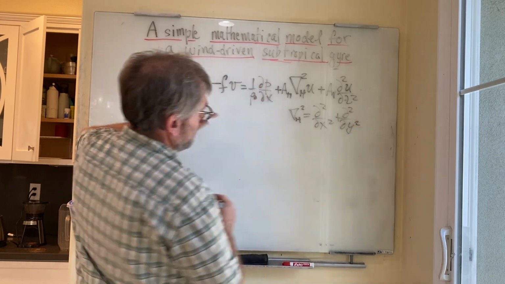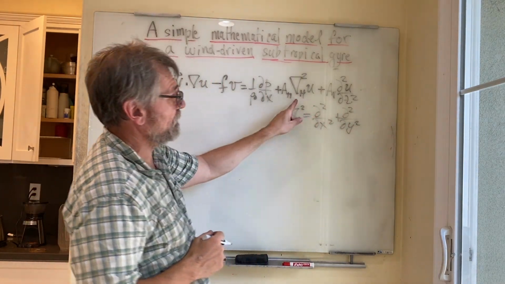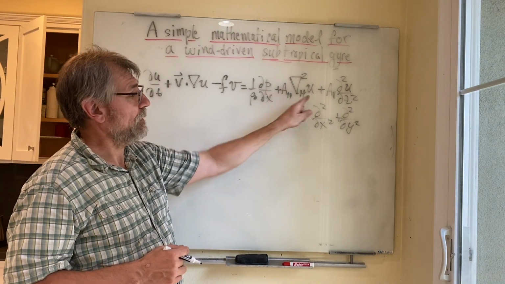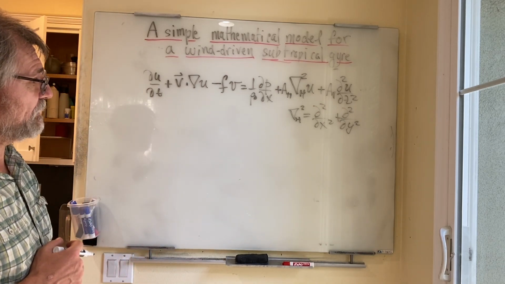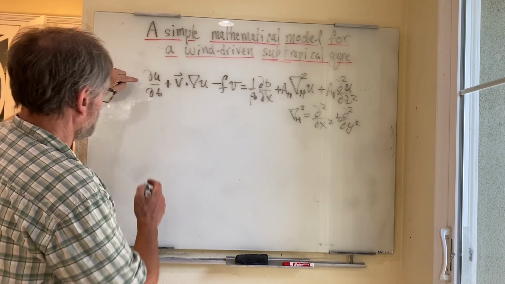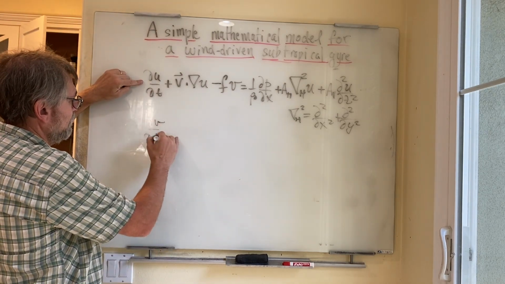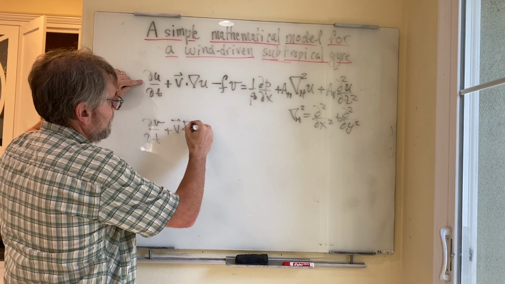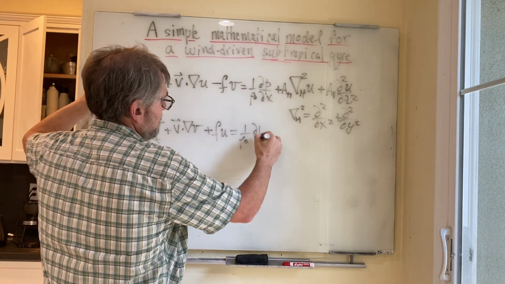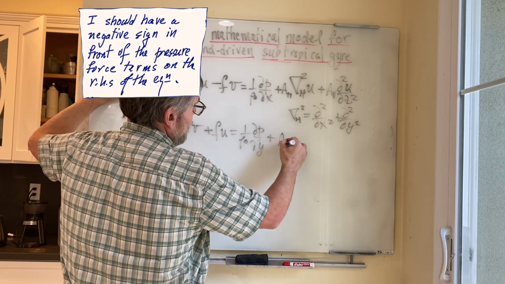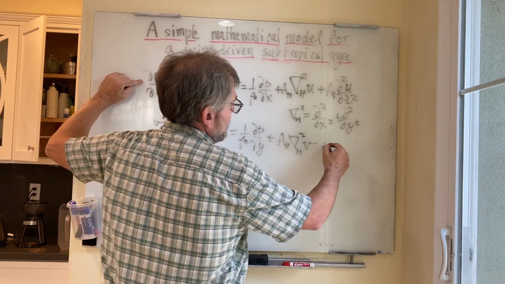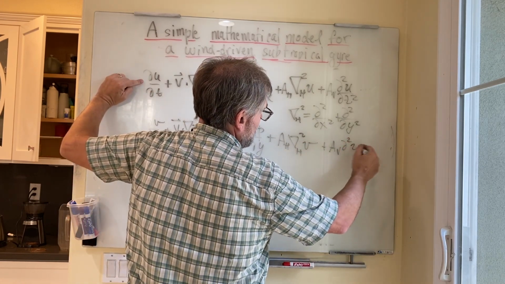So the second derivative with respect to x plus the second derivative with respect to y, and that originates from the divergence of the gradient that shows up because of the horizontal eddy stresses, which we parameterize as being down gradient. Okay, and then the other horizontal momentum equation, dv dt plus v dot grad v plus f times u is equal to 1 over rho naught dp dy plus A_h del squared_h of v plus A_v d2v dz squared.